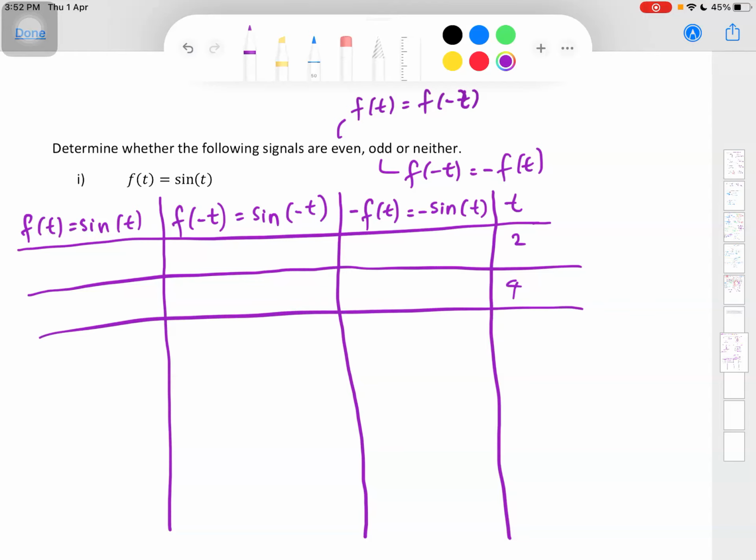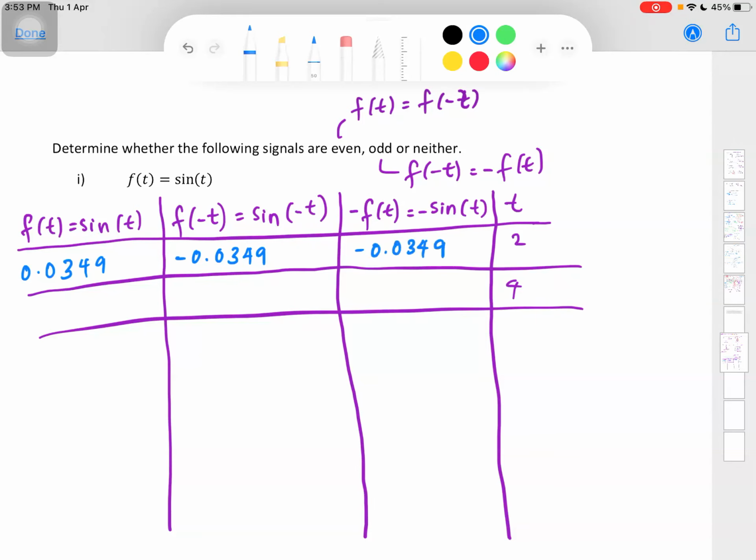So you try sine t. Take your calculator and press sine 2. It will give 0.0349. Now if I press sine minus 2, I get minus 0.0349. And if I do minus sine 2, I get minus 0.0349.